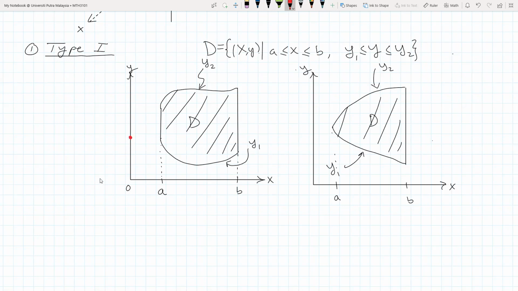If I pick a Y value and run through a horizontal line, meaning I keep Y constant, it doesn't move up and down, I will meet the line at point A and exit at point B.